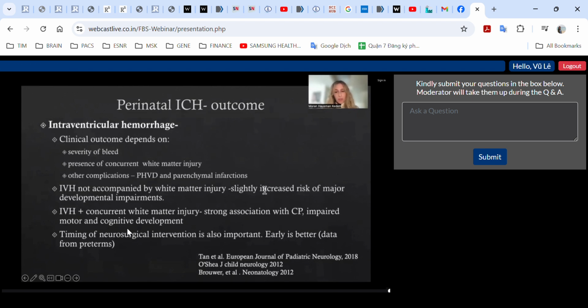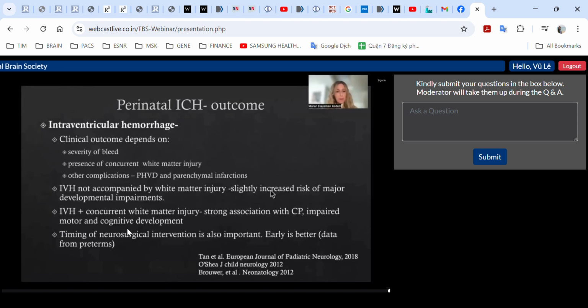But generally speaking, if we talk about IVH, then the clinical outcome really depends on the grading of the bleed and the presence of concurrent white matter injury, and then the other complications, which include post-hemorrhagic ventricular dilatation and parenchymal infarction.